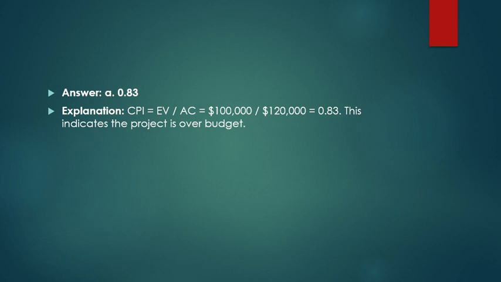Okay, so the answer is 0.83 because CPI is equal to EV upon AC. EV is 1 lakh dollars and AC is 1,20,000. So we just divided. This indicates that the project is over budget because it is less than 1.